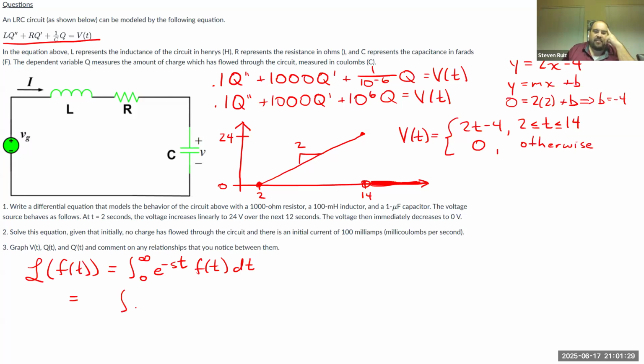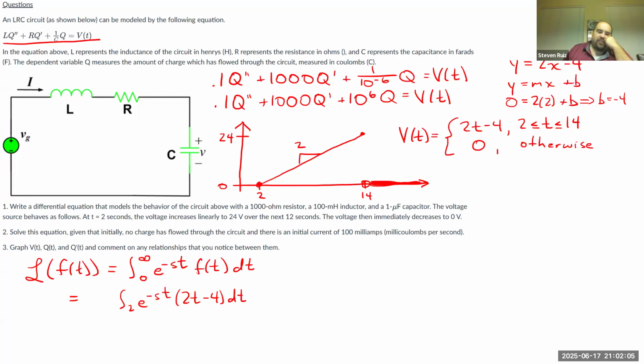So let's handle that last. Before then, let's drop in the rest of the ingredients I need: e to the negative st times 2t minus 4 dt. I'm not going to integrate from 0 to infinity, because I can't define this function as 2t minus 4 from 0 to 2 or from 14 onward.